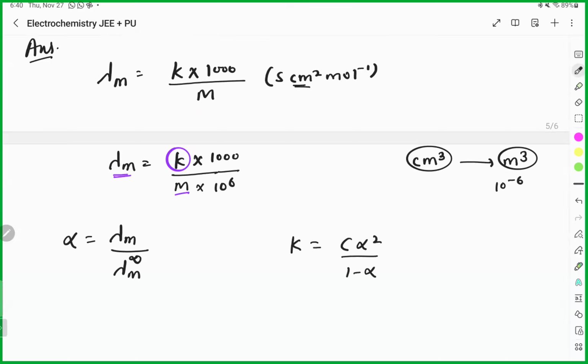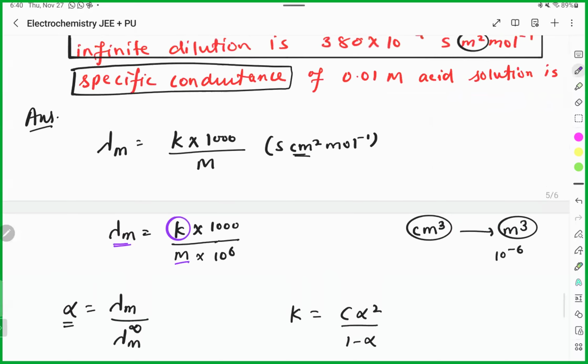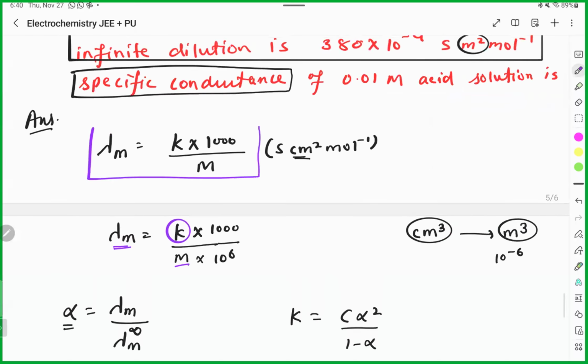Always go reciprocally. First, understand you need kappa. For kappa, you need molar conductivity. For molar conductivity, you need alpha, and for alpha, you can use this formula. Why? Because the kappa value is given, and as you asked, here you can neglect 1 minus alpha because it is a very small value.